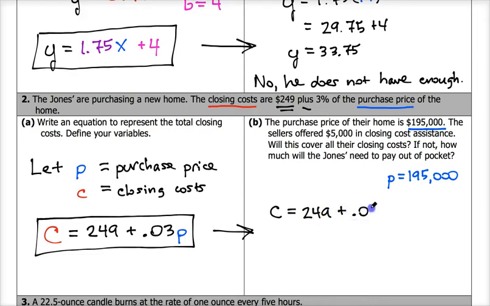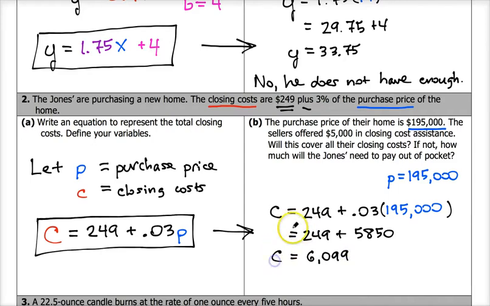So we're going to substitute $195,000 in for P. .03 times 195,000 is 5850, and so we add our 249 to that, and we get $6,099. So the closing costs for this price of a home would be $6,099.